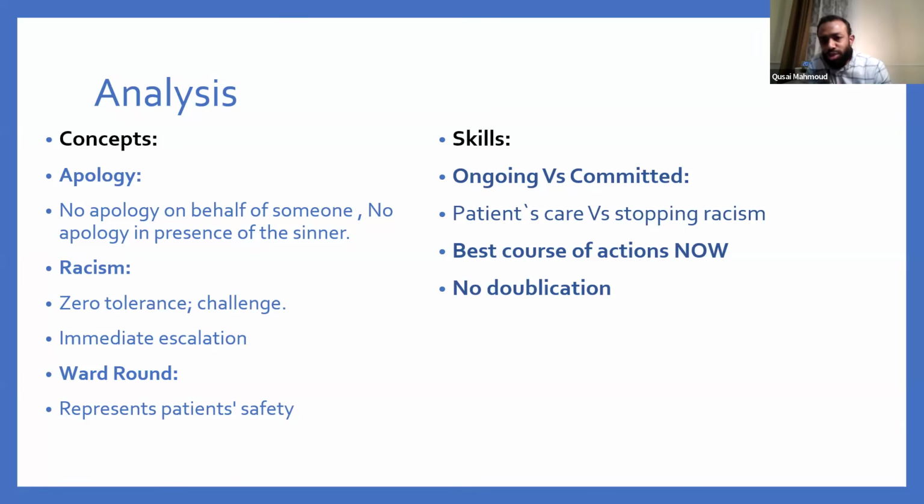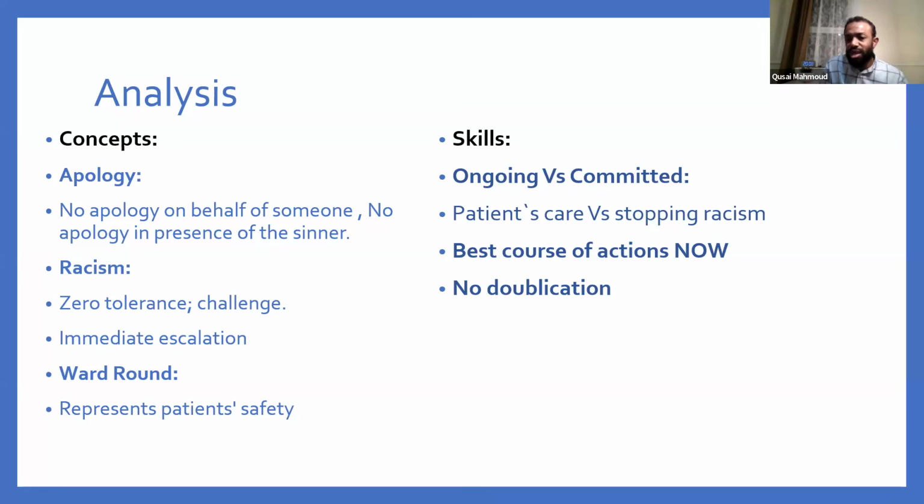But let's look to the right side of the slide, which is more important for me. Now I've acquired a skill to differentiate between ongoing and committed sin or mistake or encounter. If something is ongoing, I need to challenge and stop that by all means, at the expense of anything, especially if we are talking about major things like racism or bullying.